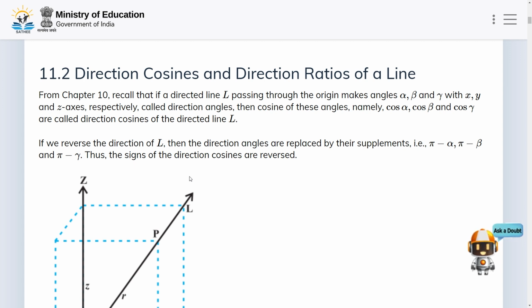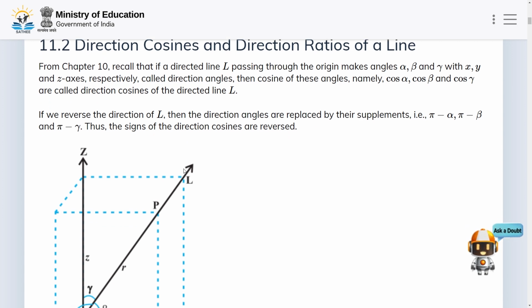Then the cosines of these angles, cos alpha, cos beta and cos gamma, are the direction cosines of the directed line L. If we reverse the direction of L, the direction angles are replaced by their supplements, that is pi minus alpha, pi minus beta and pi minus gamma. This results in the direction cosines also being reversed.